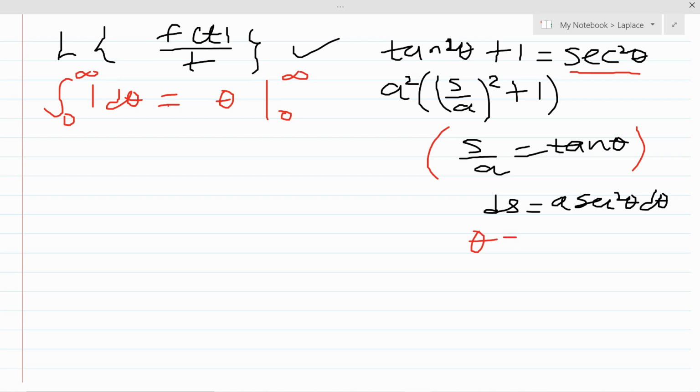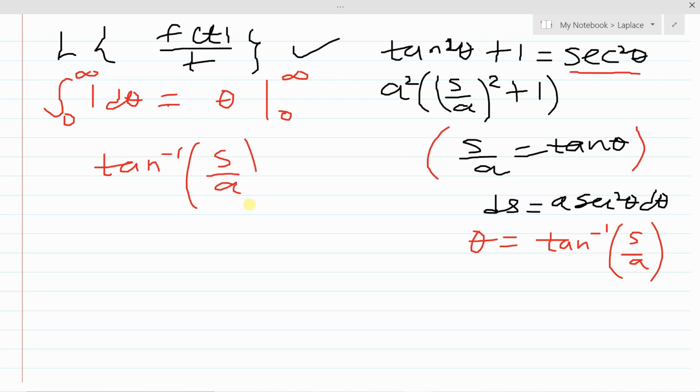Theta is equal to tan inverse of the fraction s over a. So now our whole integral becomes tan inverse, or arctan, of s over a, then the limit of integral is this.